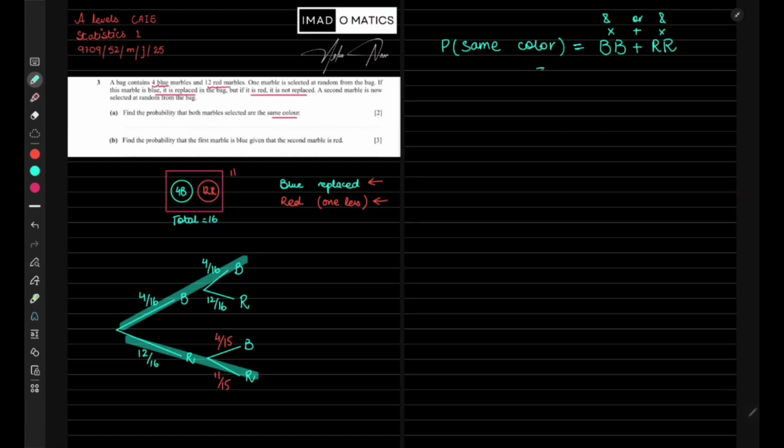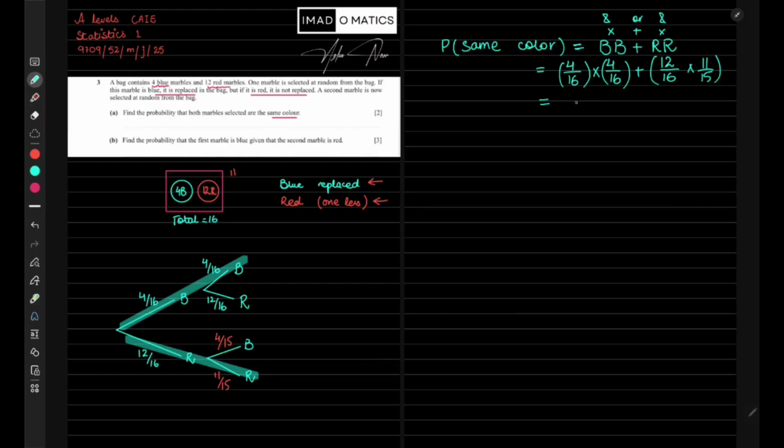So blue and blue or red and red. We multiply along the branches: 4/16 times 4/16, plus red and red, 12/16 times 11/15. When we add it together, we can simplify this or directly use the calculator.